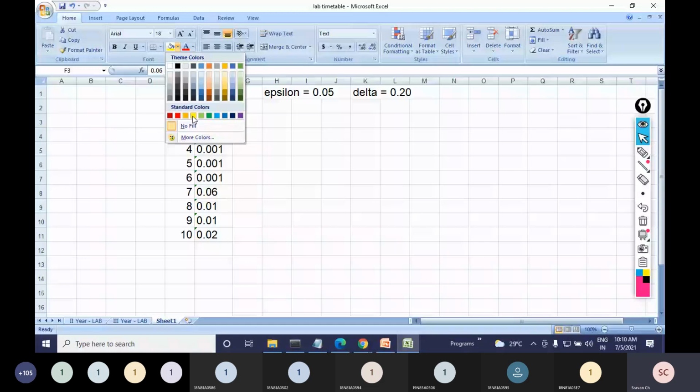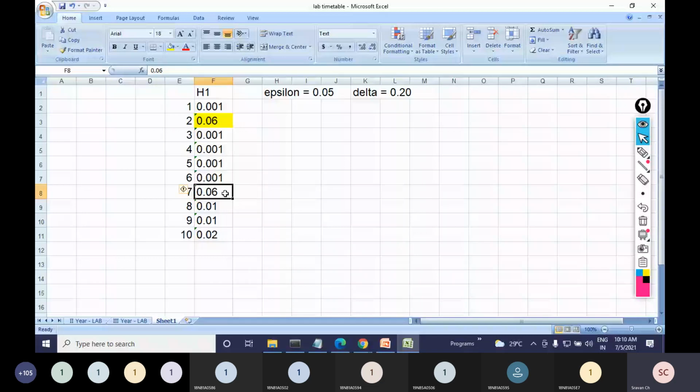So friends, how many total records do I have? I have a total of 10 records. In how many of those records was the error less than the given epsilon value? In 8 cases, it was less than epsilon.